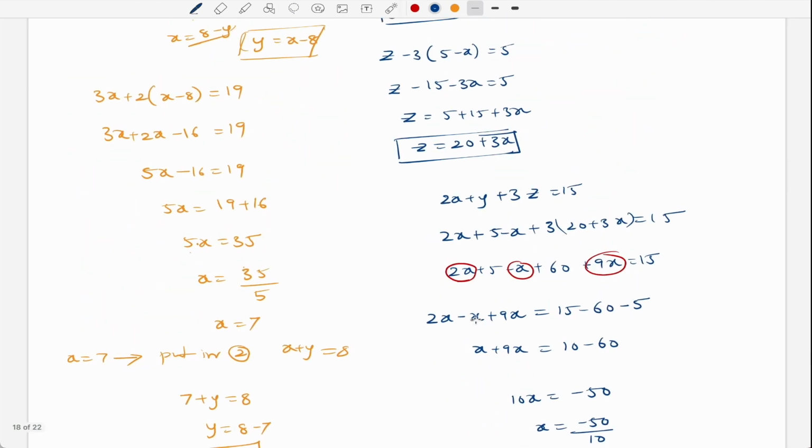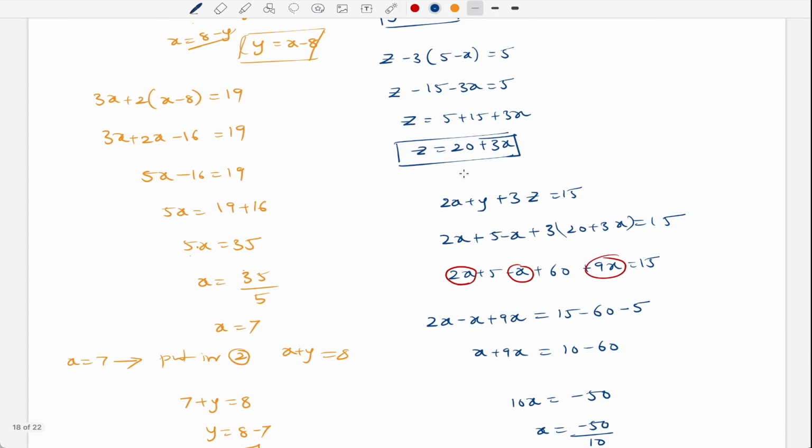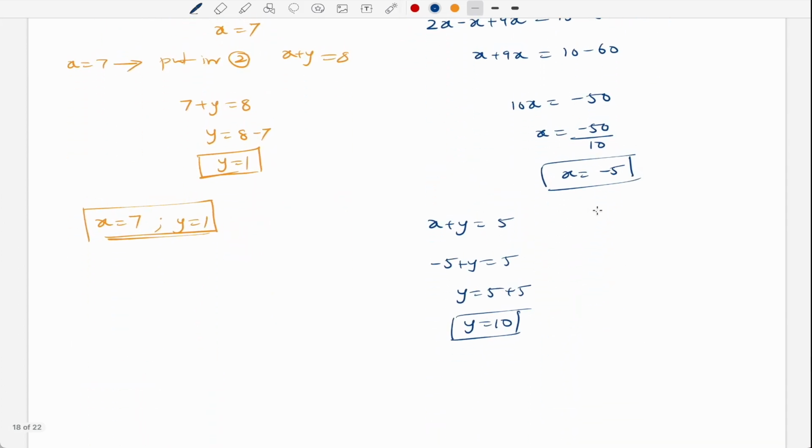So we just plug these two values into this equation, right? So we have z minus 3y is equal to 5. With the y value 10, z minus 3 into 10 is equal to 5. So z minus 30 is equal to 5, and then we get z is equal to 5 plus 30, which is 35.